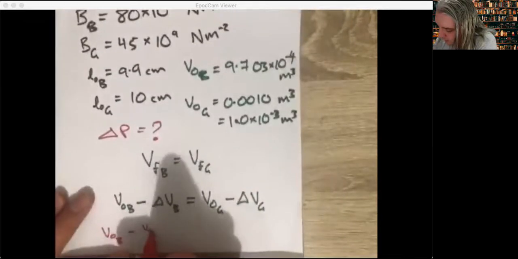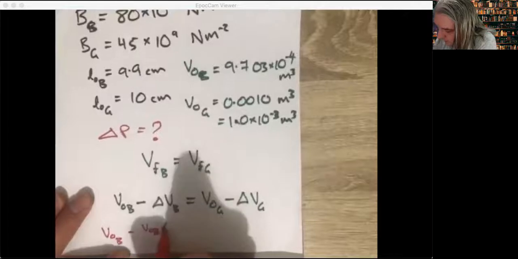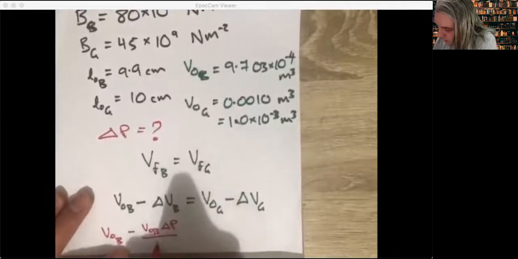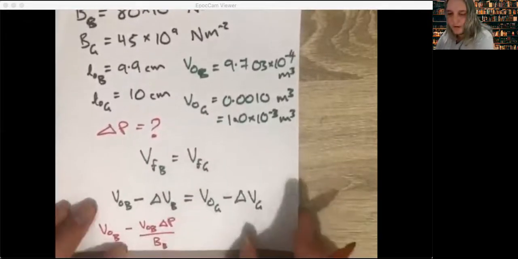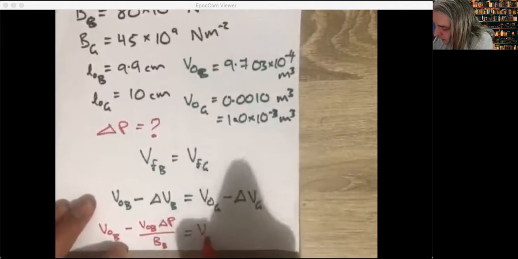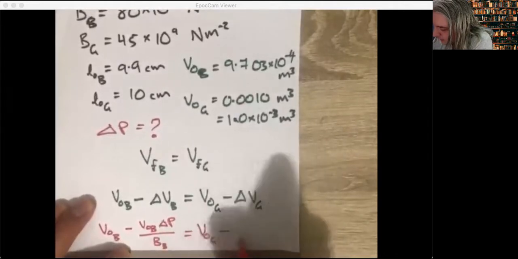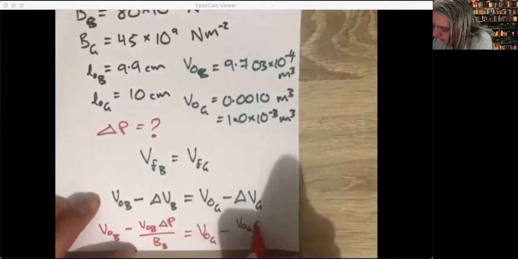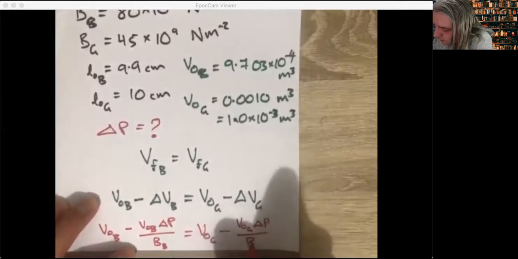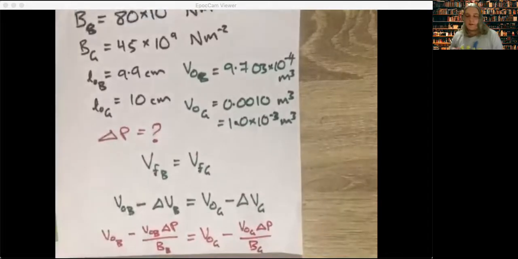So V naught brass, change in pressure over the bulk modulus for brass, is equal to our original volume for granite minus original volume for granite delta P over bulk modulus for granite. So that's our formula there.